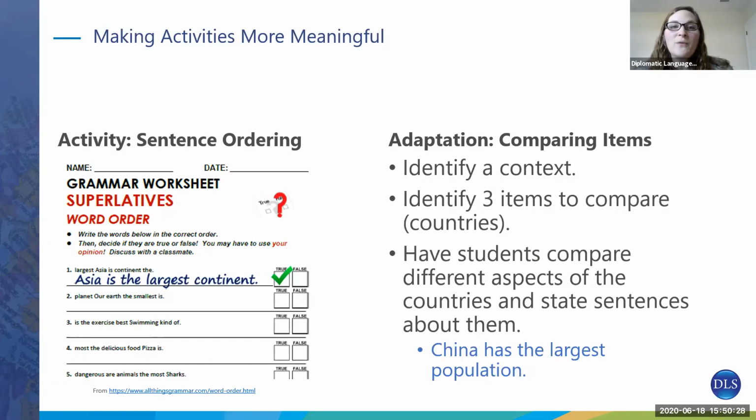Then they have to form the superlative in a more natural way as they're comparing these things. It could be countries, 3 ads they're comparing, or 3 foods, talking about which one is the healthiest or something like that. But using real context, real content is helpful.